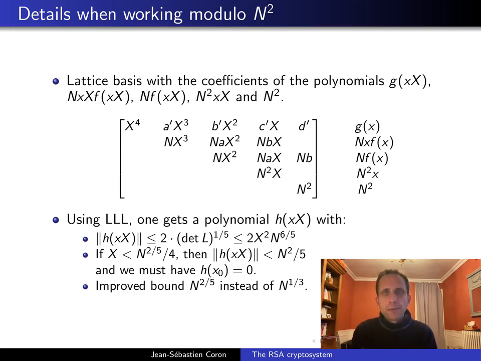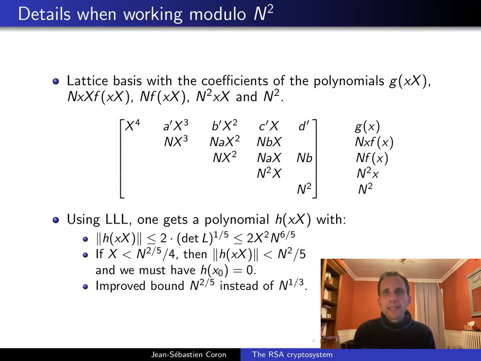And now, if big X is less than N to the 2/5 divided by 10, then this implies that the norm of the vector will be less than N squared over 5. So this means that each component of this vector is going to be less than N squared over 5.